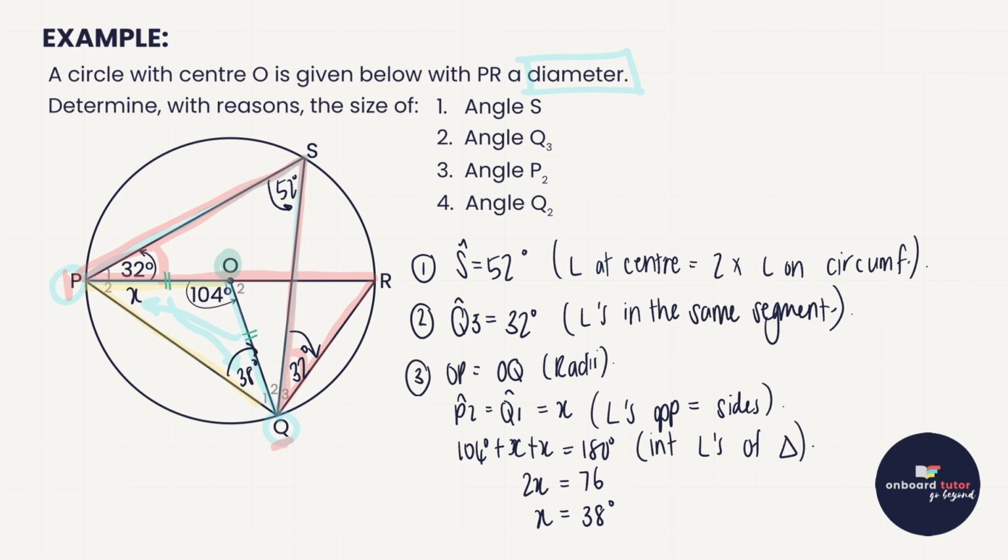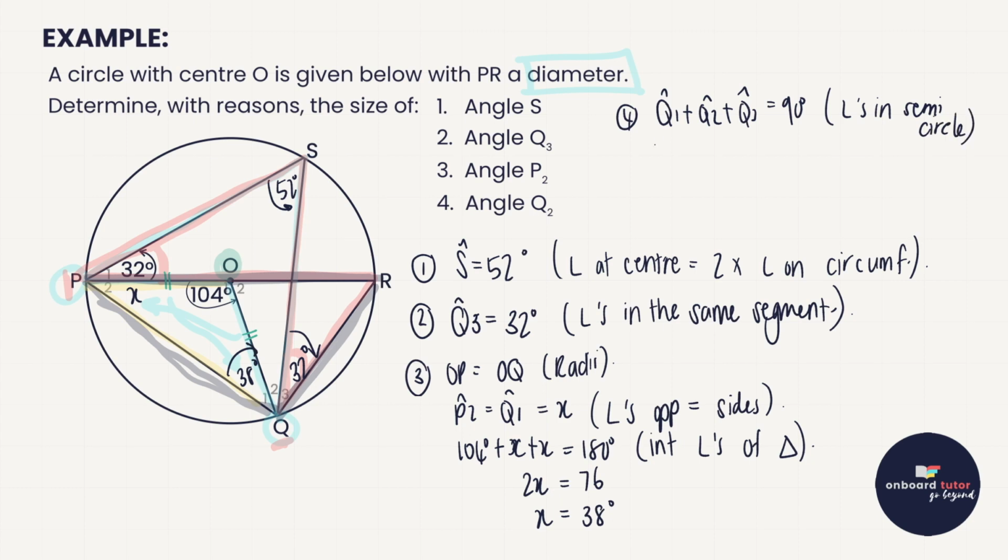So they specifically said there PR is a diameter. And what do we know about an angle that is subtended by a diameter? It needs to equal 90 degrees. Okay, so that's what I'm going to do. I'm going to have to answer up here. So we're going to say Q1 plus Q2 plus Q3 is equal to 90 degrees. And the reason there, angles in a semicircle.